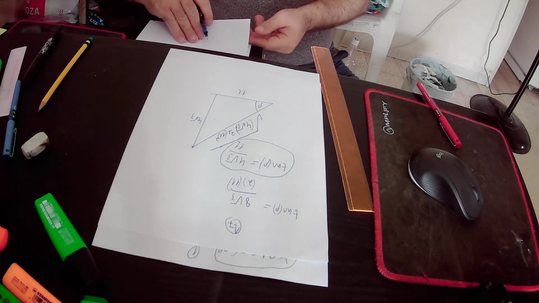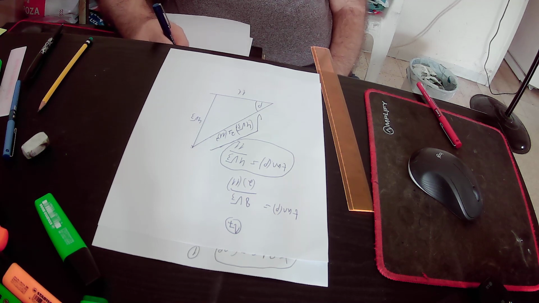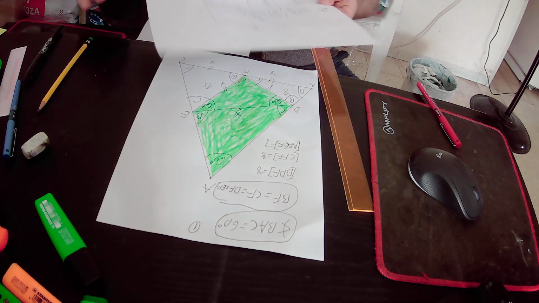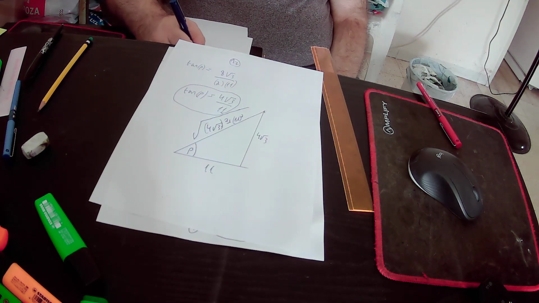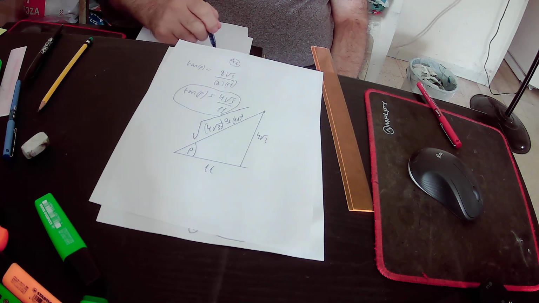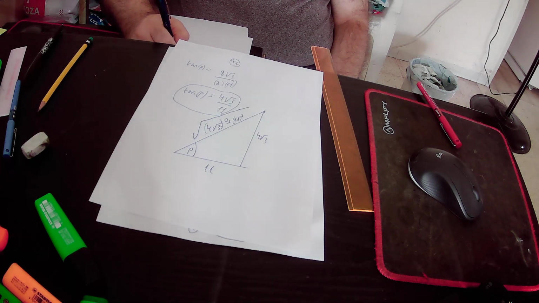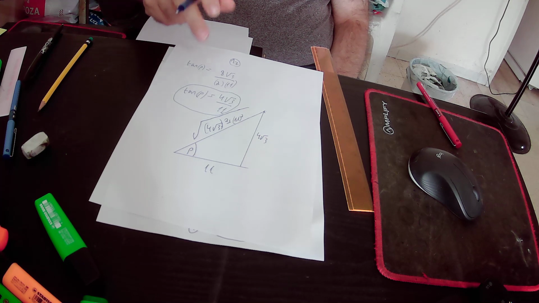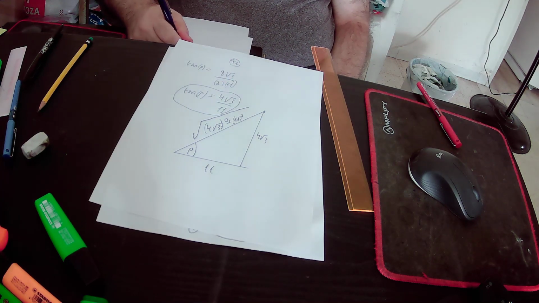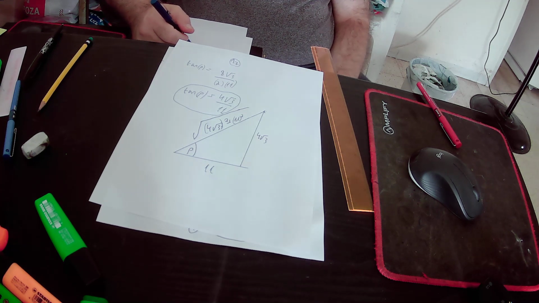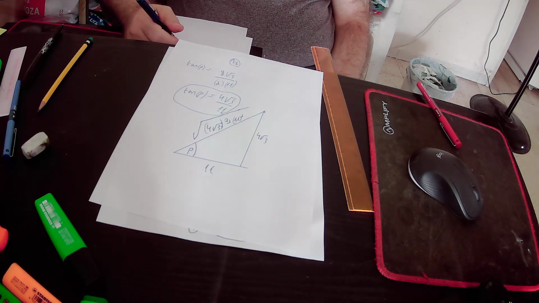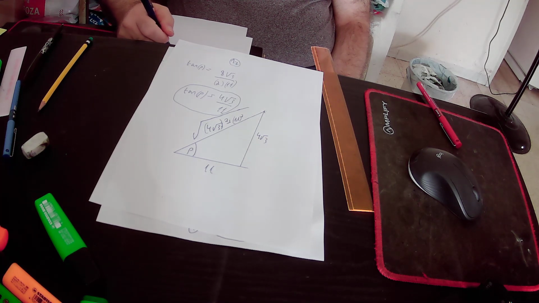So actually sine P will be equal to the side in front of angle P, that is 4 times root 3, over the size of the hypotenuse, that is the root of 4 times root 3 squared, which is 48, plus 11 squared, which is 121.